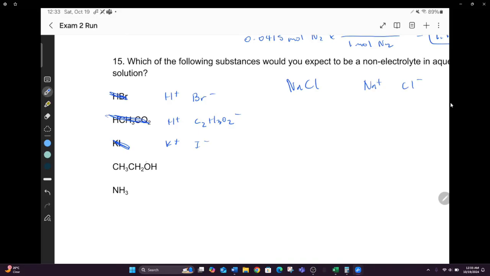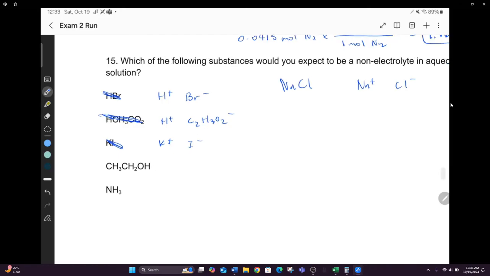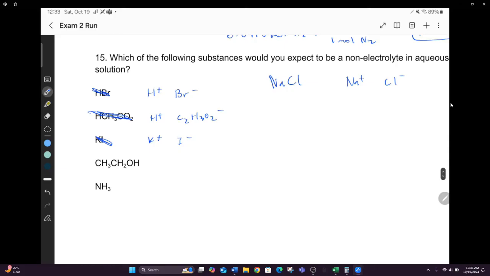And so structures like these, all the bonds are basically non-polar covalent, except for the OH part. But because none of the bonds in it are ionic, all of them are covalent bonds, we know that it's not going to break down in water as easily, and therefore it would be a non-electrolyte. So this would be our answer.